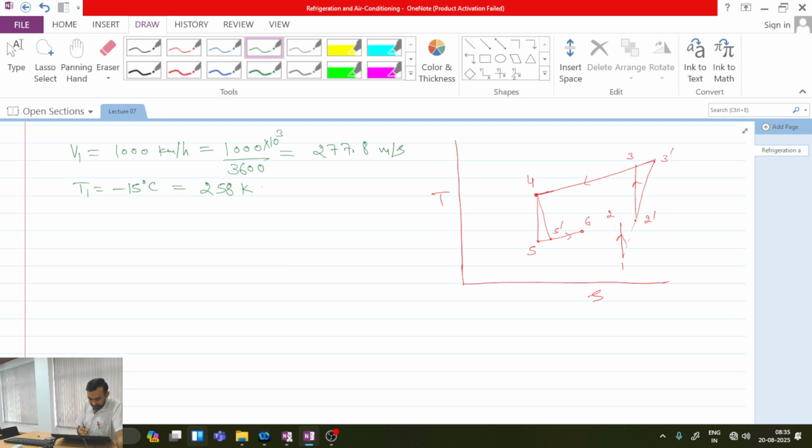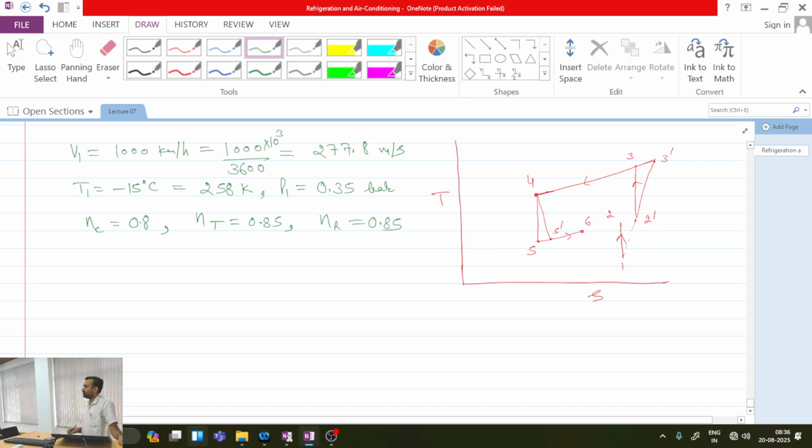Okay. And what is the pressure at inlet? 0.35 bar. Then the next statement is: compressor, turbine and ram efficiencies are given. So compressor efficiency is 0.8, turbine efficiency is 0.8 and ram efficiency is 0.85.